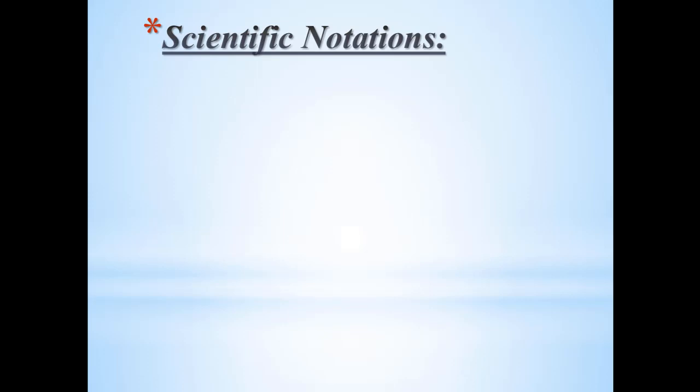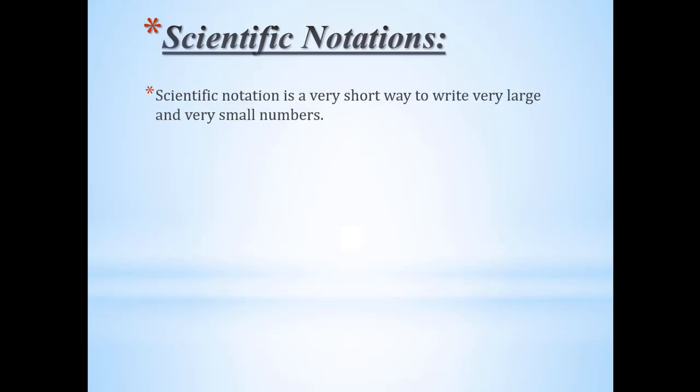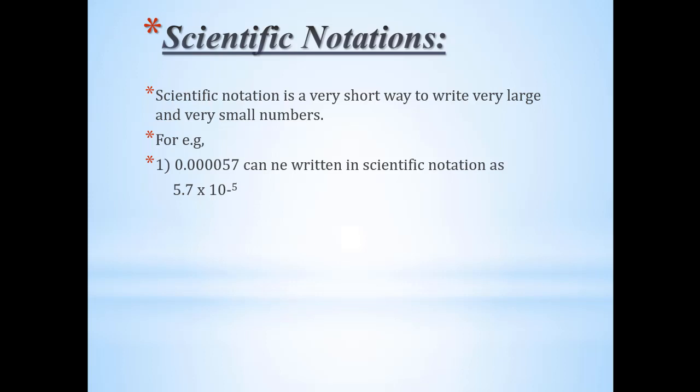Our first topic is scientific notation. What is scientific notation? Scientific notation is a very short way to write very large and very small numbers. For example, we are given the value 0.000057, and as we know, whenever a value starts from 0, it is a very small value.